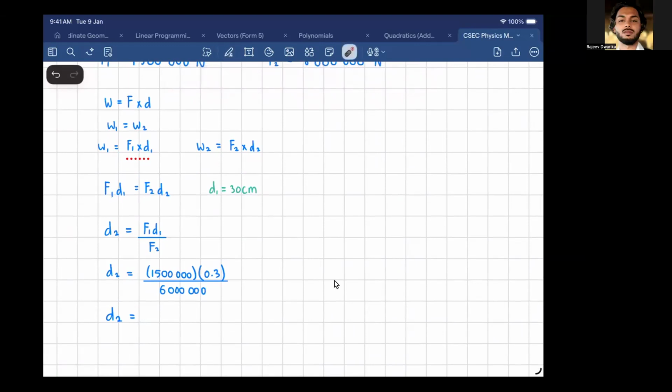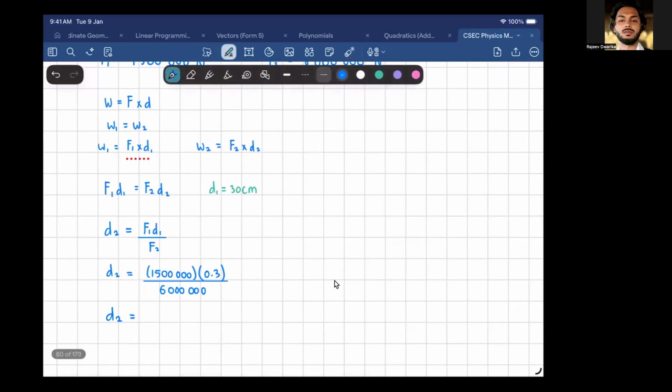So you should see that 1,500,000 over 6 million is a quarter. Just confirm that. That should be a quarter, because if I cancel off all of these zeros, you get 15 over 60, which is a quarter.